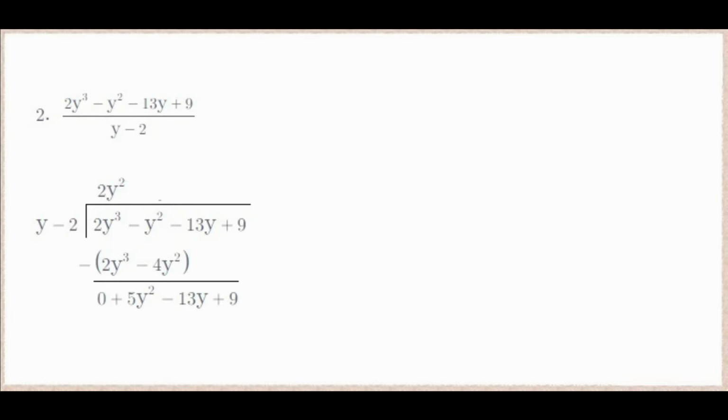Then we want to look at what do we need to multiply y by to get 5y squared. So that would be 5y. So then we have 5y squared minus 10y. Then we're left with 0 minus 3y plus 9. We need to multiply by negative 3 to get negative 3y.